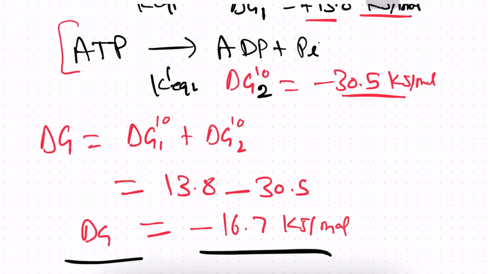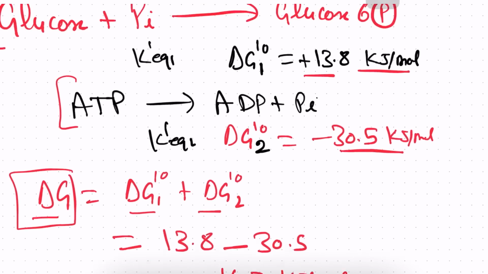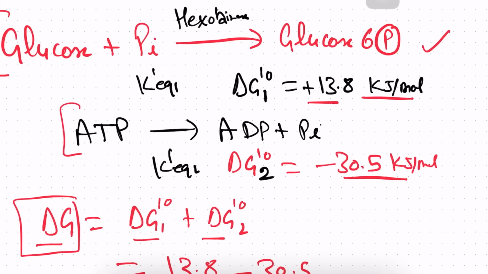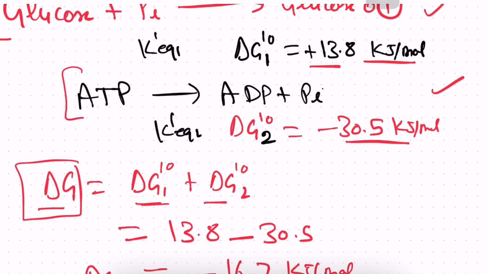When we calculated the overall delta G, we added both of these values. So keep in mind, when you calculate the overall net delta G, you add the delta G values for the two sequential reactions.